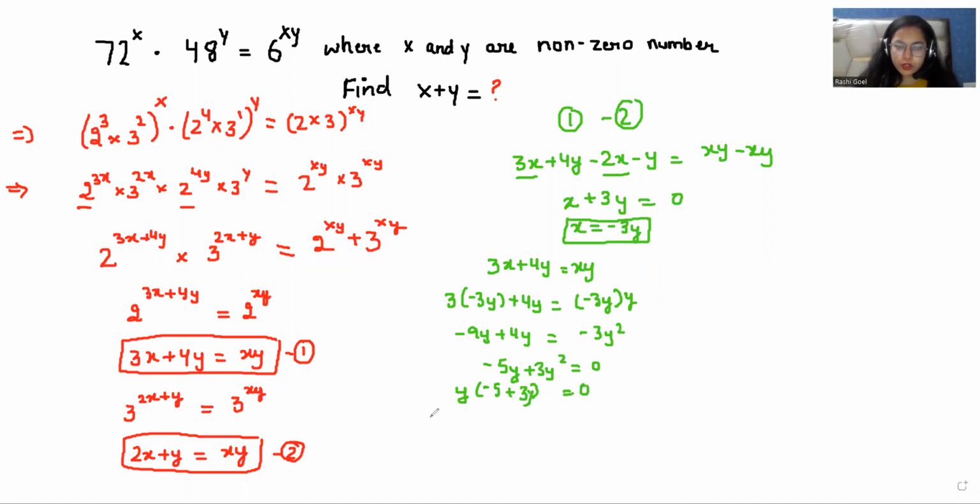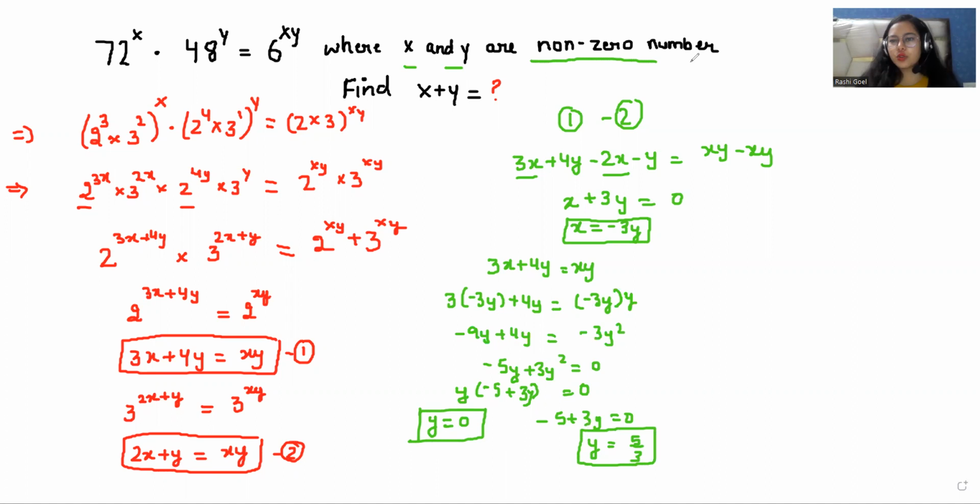So we have two roots: either y is equal to 0 or minus 5 plus 3y is equal to 0. So from here, y is equal to 0 is the first answer, and from here, y is equal to 5 by 3. As we know, in the question it is given that x and y are non-zero numbers.